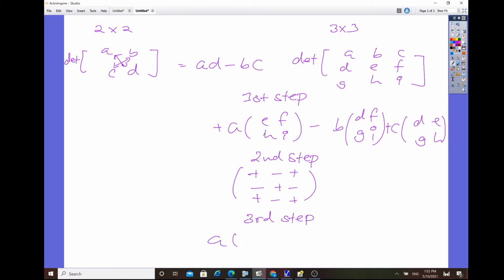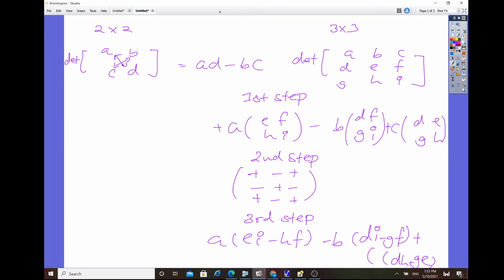A times the quantity EI minus HF, and then B times the quantity DI minus GF, finding the determinant of each 2 by 2 minor matrix. The last one is C times the quantity DH minus GE.